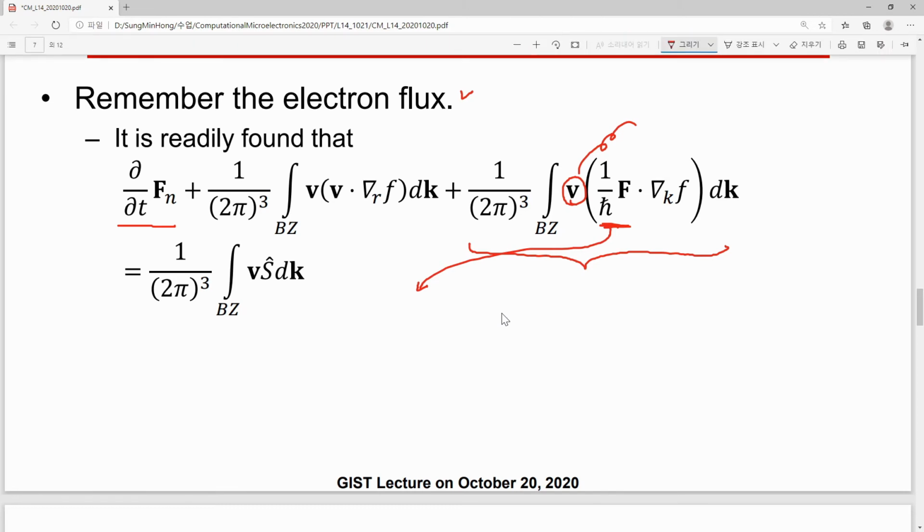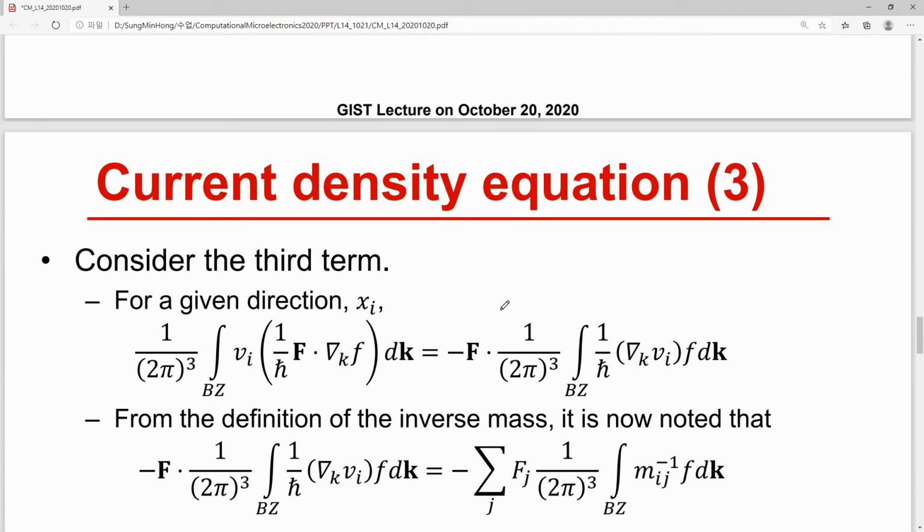Is it still possible? Yes, because force is still independent of the momentum space, so we can easily pull out the force. Okay, so let's go step by step.